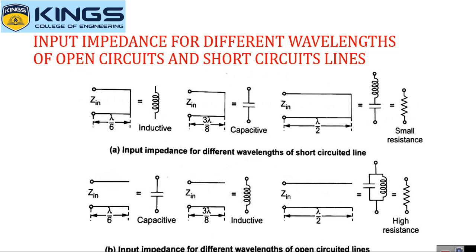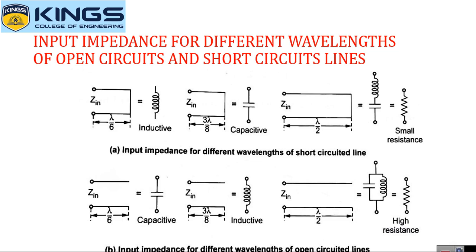Then again, the input impedance for different lengths of an open circuited line. With the same length, where short circuited is inductive, open circuited is capacitive. With length 3λ/8, the open circuited line is inductive, while the short circuited line is capacitive.